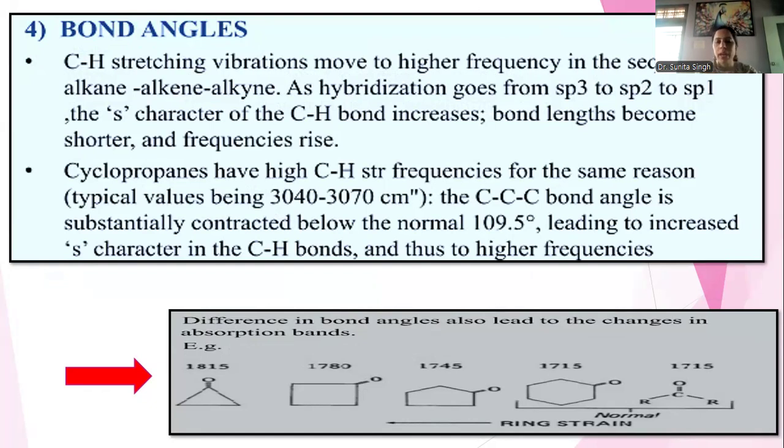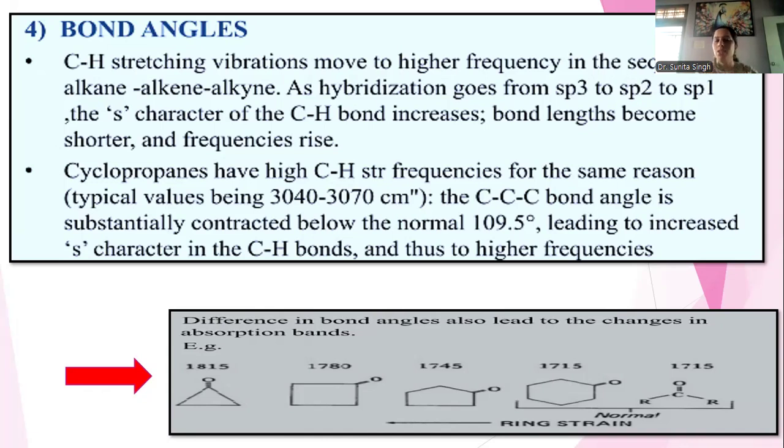In this case, bond angles matter where there is a very strained molecule, like when we have cyclopropanone, cyclobutanone, cyclopentanone, and cyclohexanone. This last one is a normal ketonic group. So we can see that as the strain in the molecule increases, the frequency also increases.